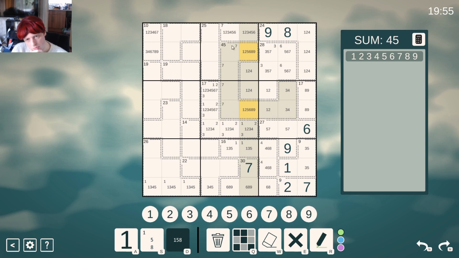This is big 45 cage there. So at least one of them must be an 8 or 9.